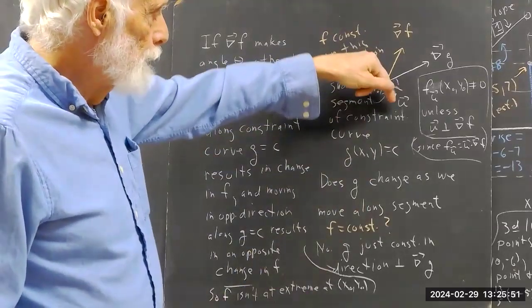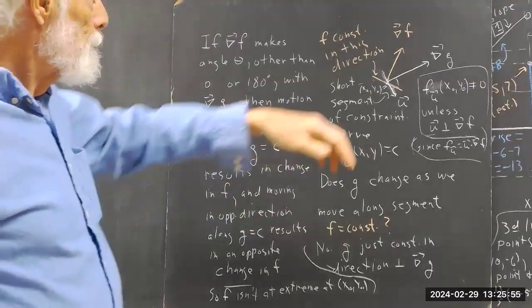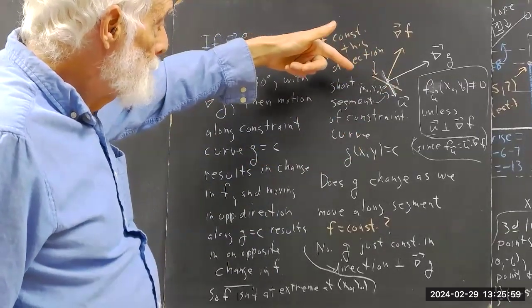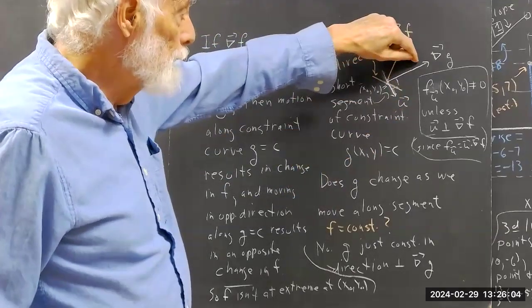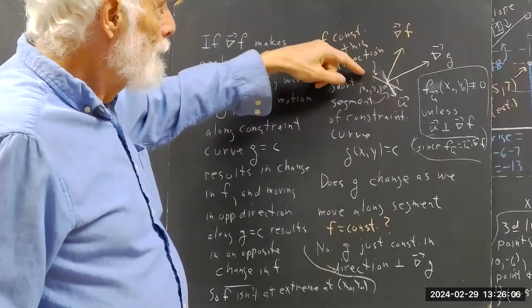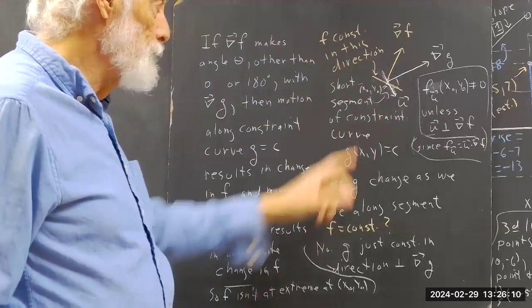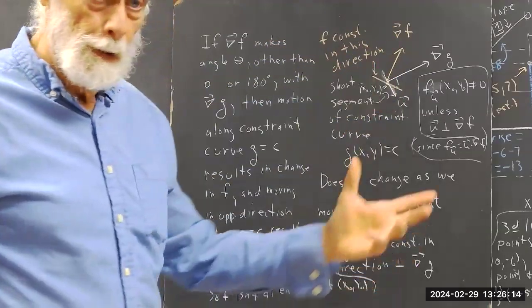I have drawn a unit vector u along that segment. But that segment is not going to be parallel to this segment, because this segment is perpendicular to del g. The segment that I've chosen here is the segment along which f is constant, and it's perpendicular to the gradient of f.